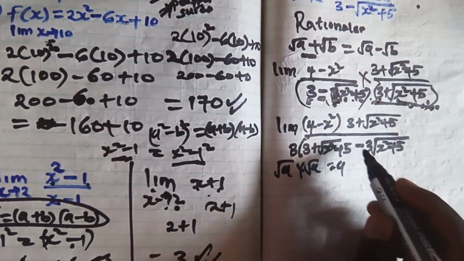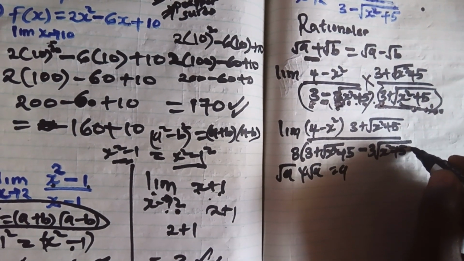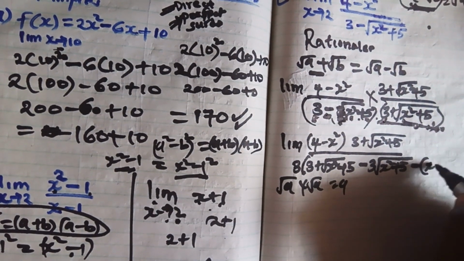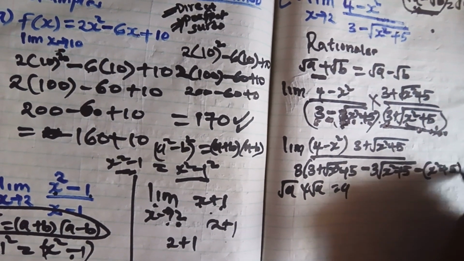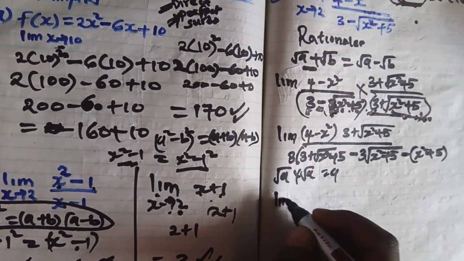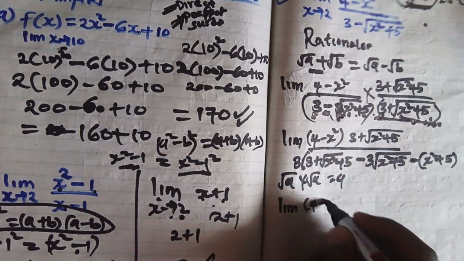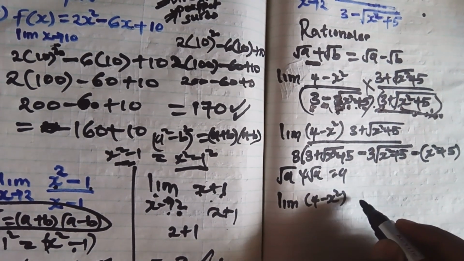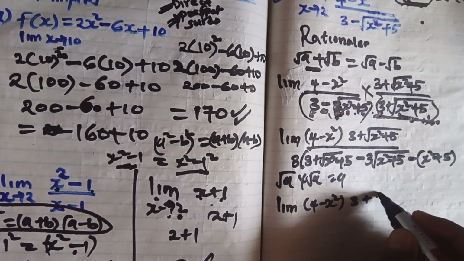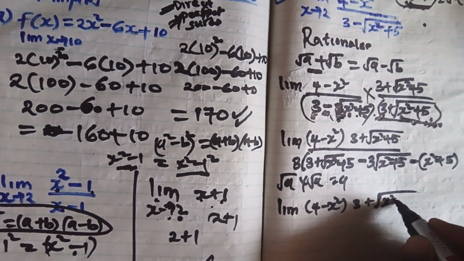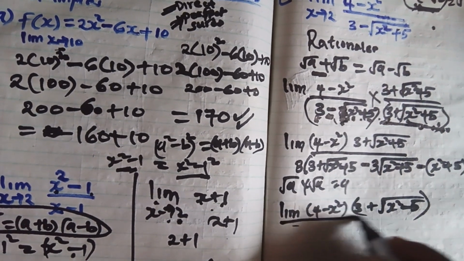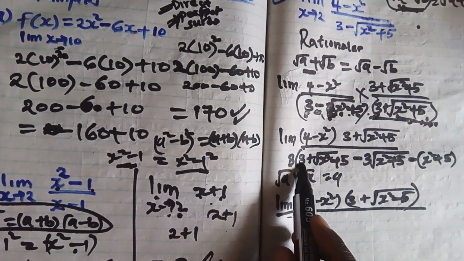So our sign is going to be minus into x squared plus 5. Then we continue by saying the limit as x approaches 2 of 4 minus x squared, over 3 plus this root of x squared plus 5, all over this one times this one, which will give us 9.